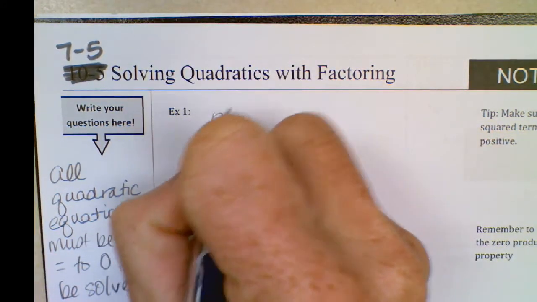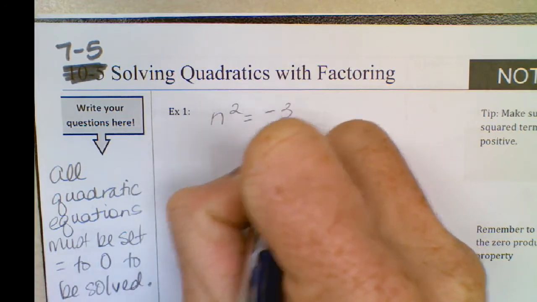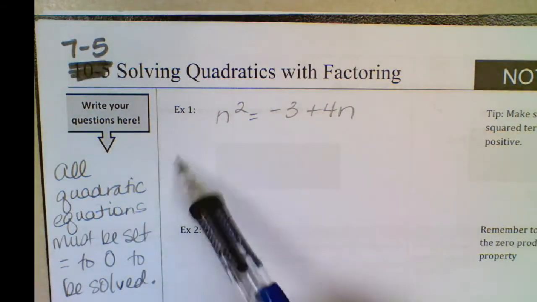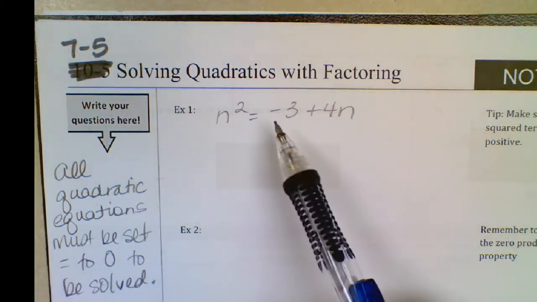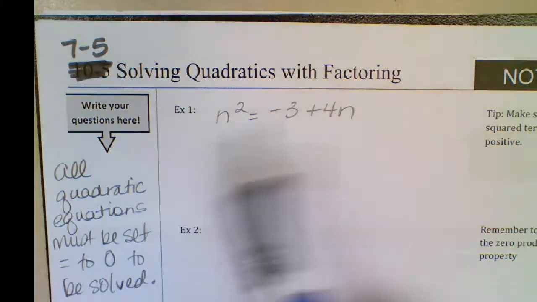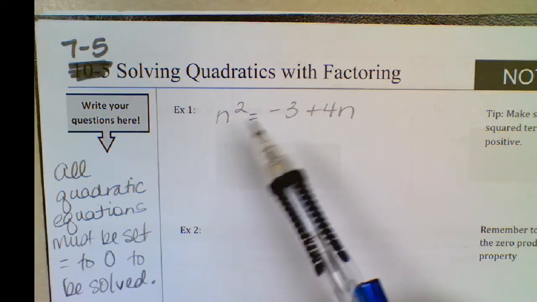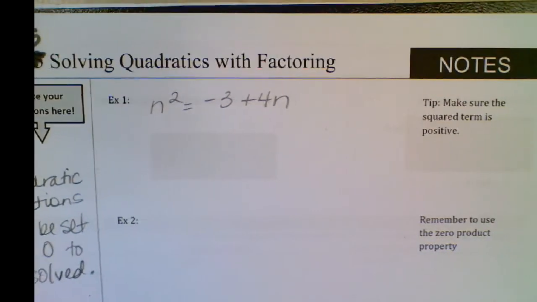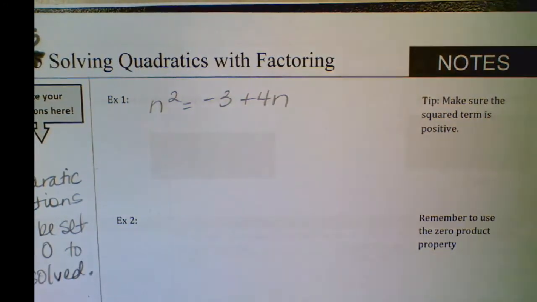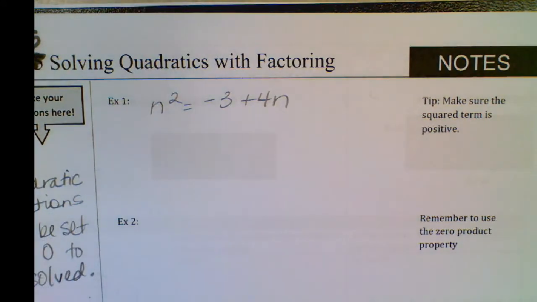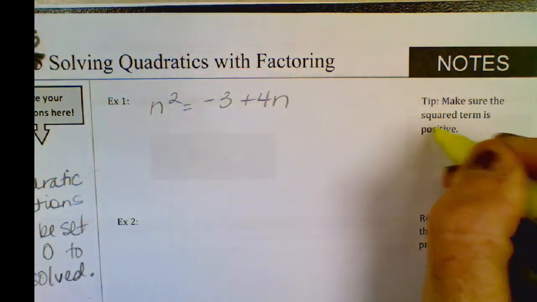So I have n squared equals -3 plus 4n. Right off the bat, we know this is not set equal to 0. It doesn't matter which side the 0 is on, because both sides are equal. But make sure that the squared term, our n squared or x squared or 5x squared or whatever, is positive.